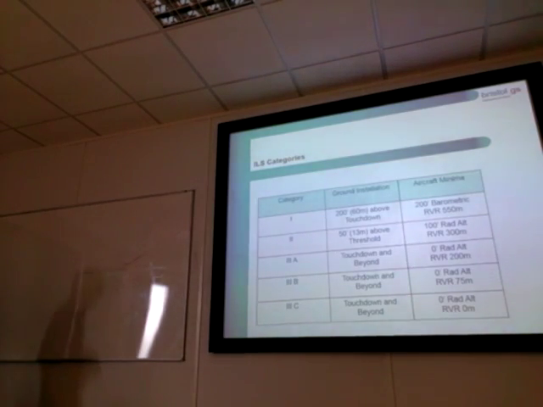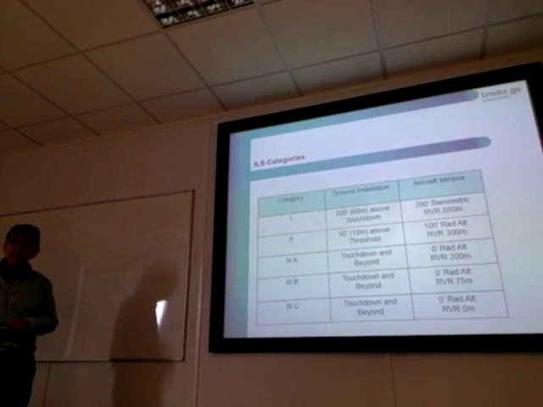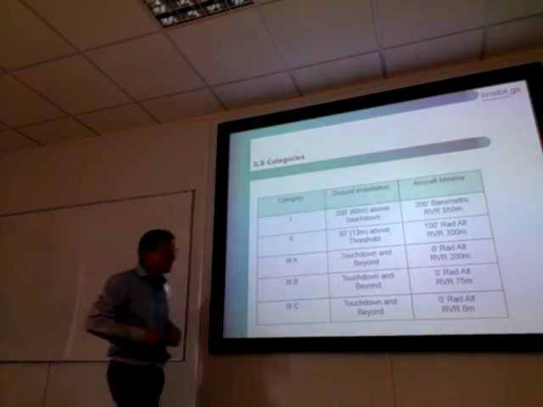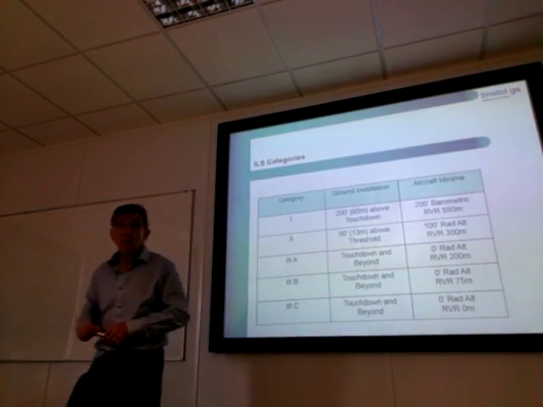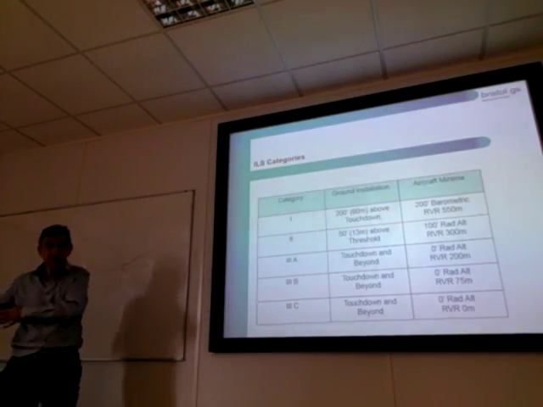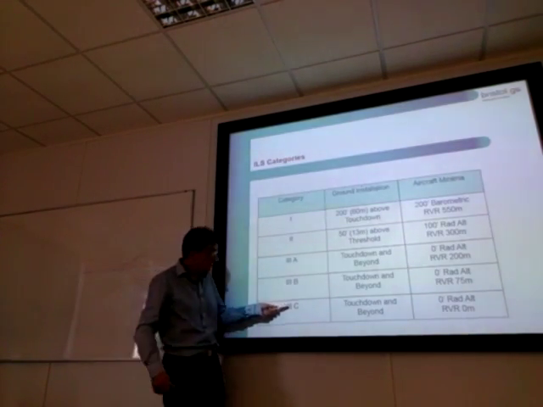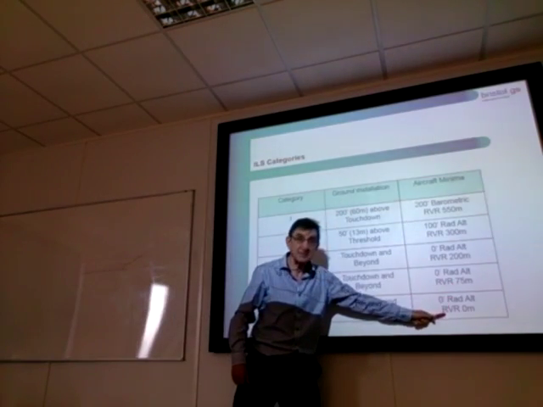So RVR 0 means that we're okay not seeing anything? Well, yes. Can we currently use it down to that limit? No. So they're working ahead. But don't forget, Cat 3C goes from 75 metres down to 0.